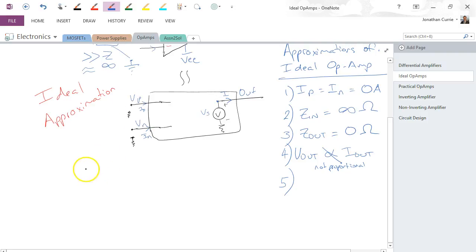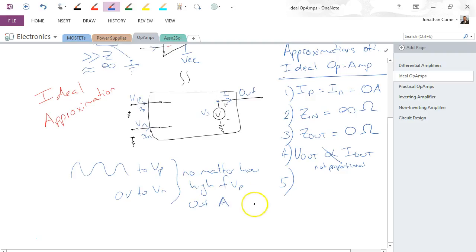So if we were to apply a sine wave to Vp and let's say 0 volts or ground to Vn, no matter how high the frequency applied to Vp, okay, output gain will be the same. So what we're effectively saying is the bandwidth of this device is infinite.